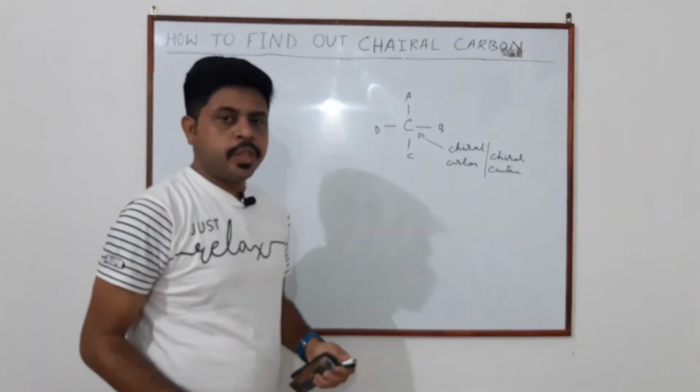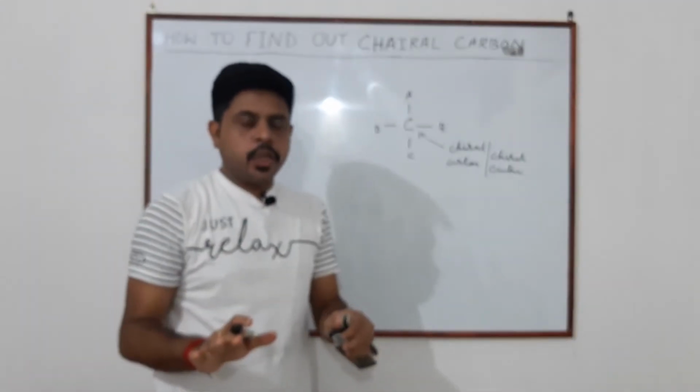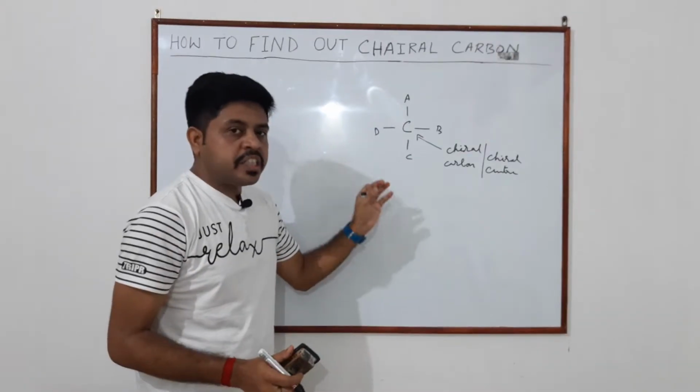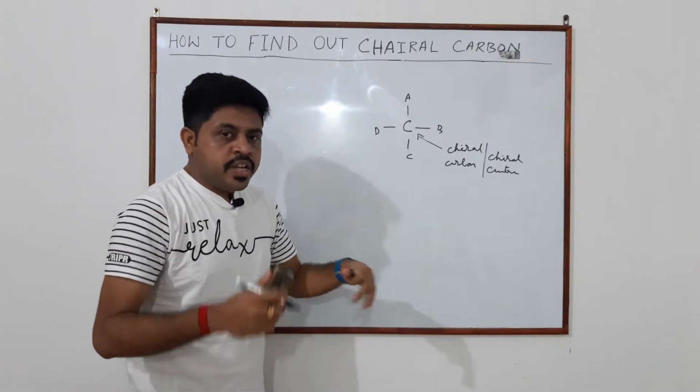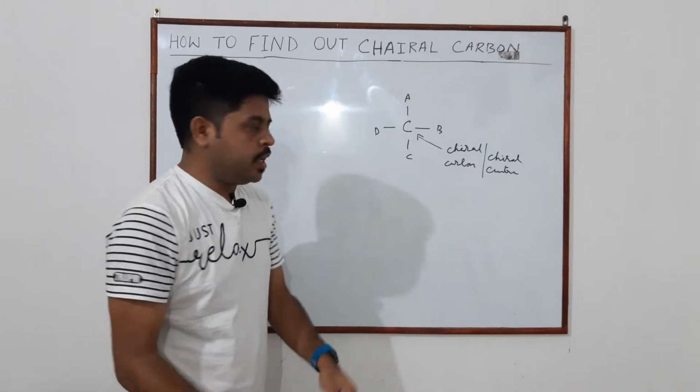Both are the same. So from this explanation at the very beginning, we have an idea about what a chiral carbon is. Now let me explain by taking different examples.